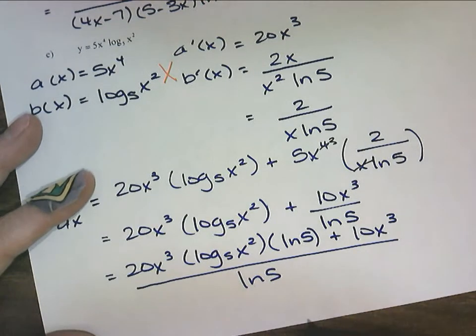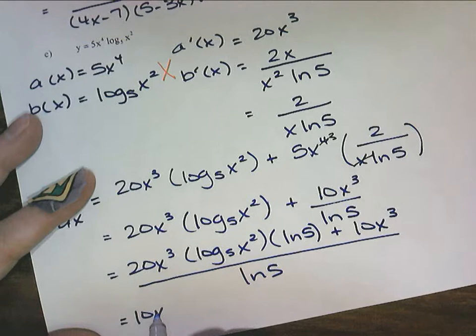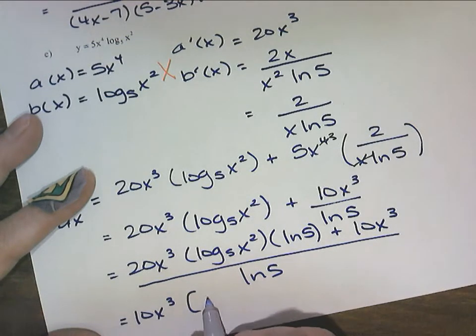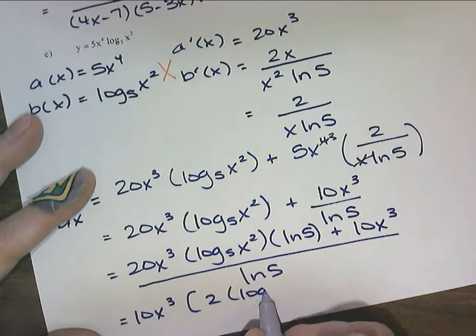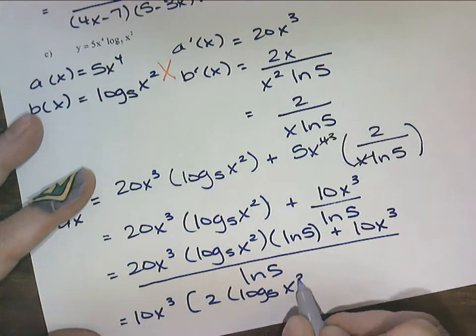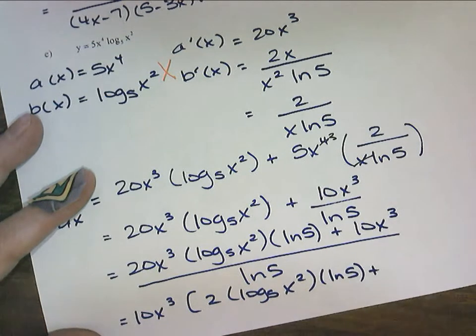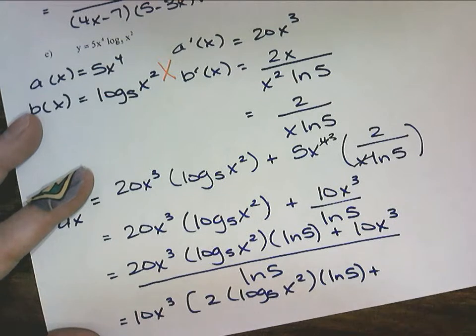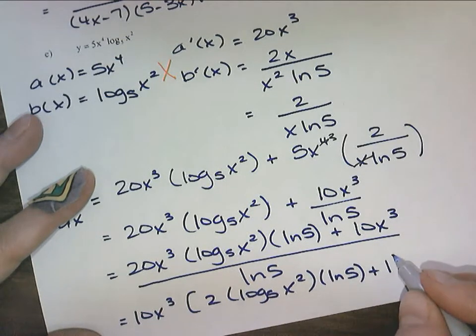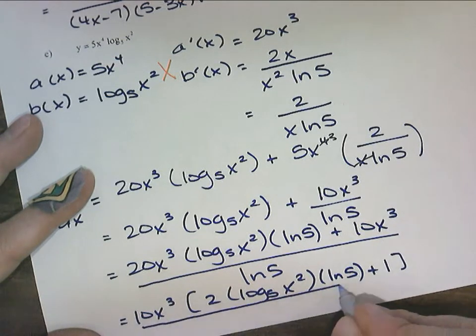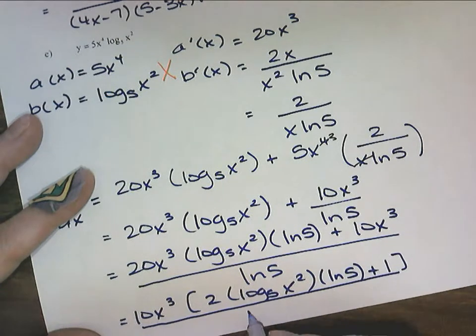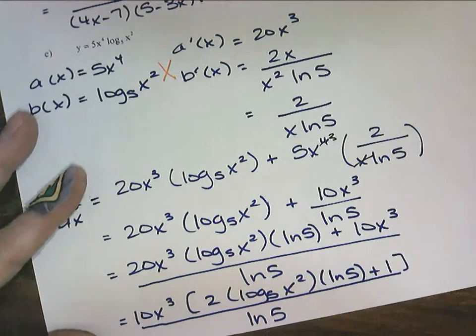And now I can factor out a 10x cubed. And I'm left with 2 log base 5 x squared times ln 5 plus 1. And this is all over ln 5.